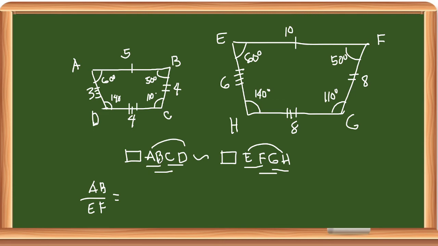So, let's have BC now. So, we have BC. Corresponding sides niya is FG. And it also must be equal since they are proportional. That means their ratio must be equal. So, we have CD over the corresponding side of CD, which is GH.